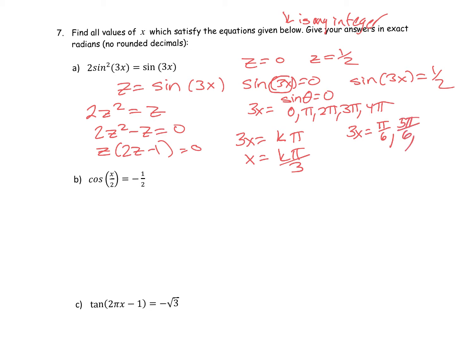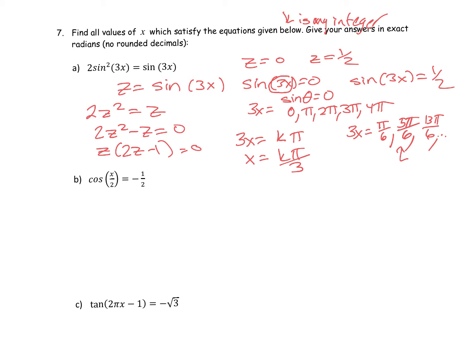And then if I went around the circle again, more than 2 pi away, I would have 13 pi over 6, and so on. To get the other quadrant 2 angle, I would be adding 2 pi to this angle, and so on. Well, how can I represent that with k?